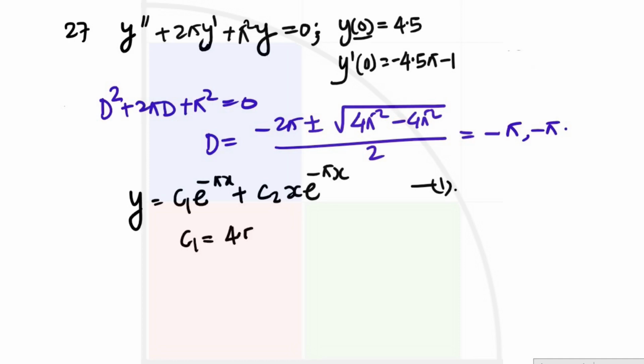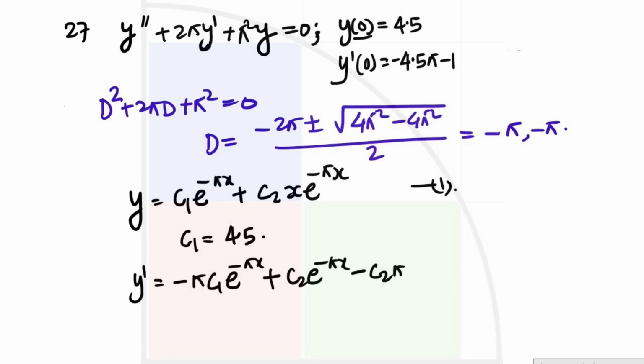For finding c2, we may have to find the first derivative of this, and this is y prime is equal to minus of minus pi c1 e to the power minus x, plus c2 e to the power minus x minus of c2 pi x e to the power minus x.